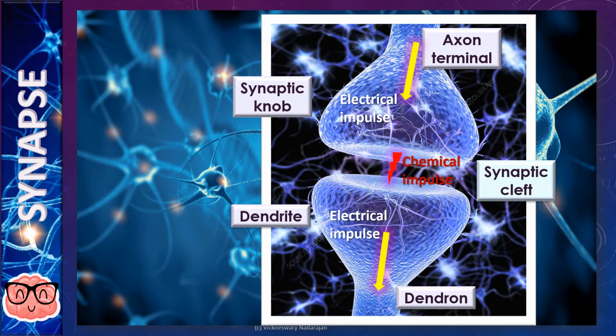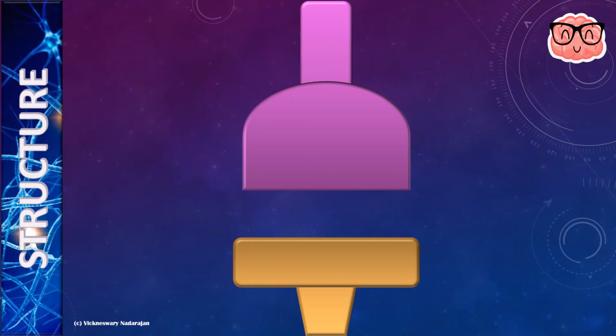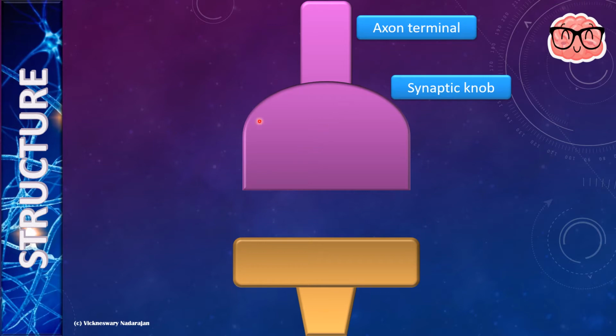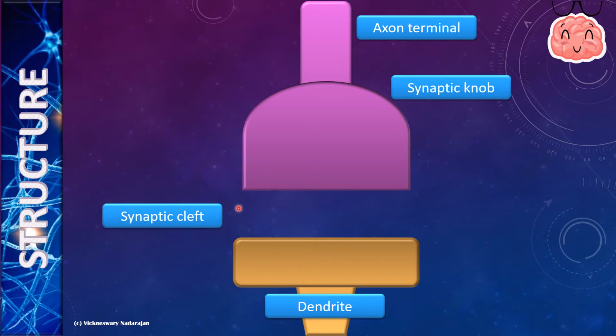Now let's go into the detail of the parts in the synaptic knob. To do that, I'm going to use my simplified model of a synapse. The purple is the axon terminal with the synaptic knob. The cream is the dendrite. So there's a space between them which we call the synaptic cleft.